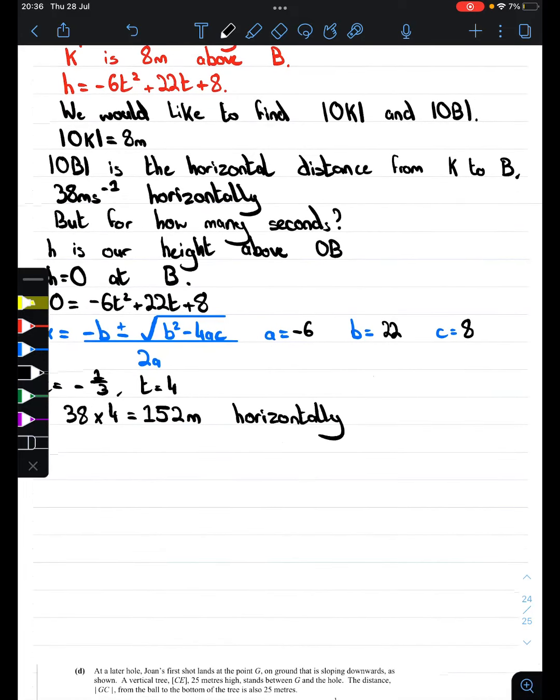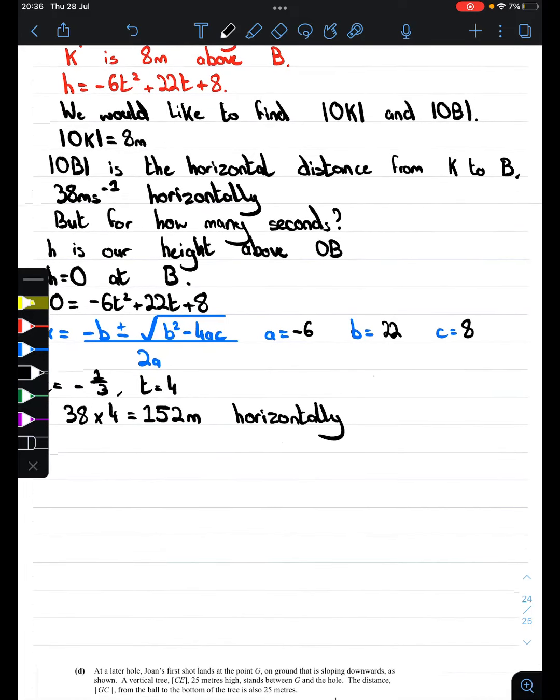So we know that tangent of theta will equal the opposite over the adjacent. The side opposite to theta is length 8, and the side adjacent is 152.